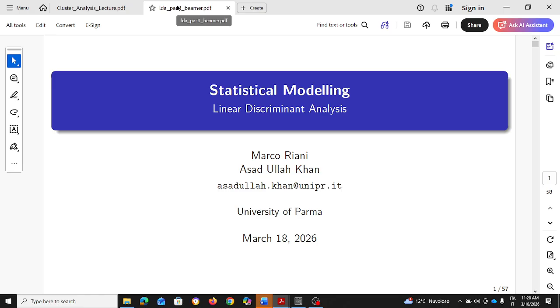Now, we want to remove this. So here we are in supervised learning.